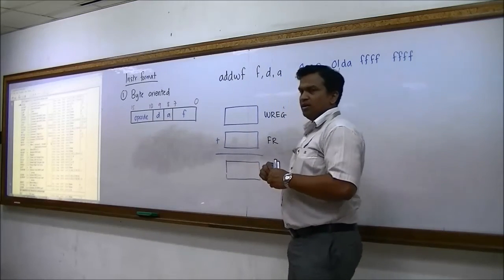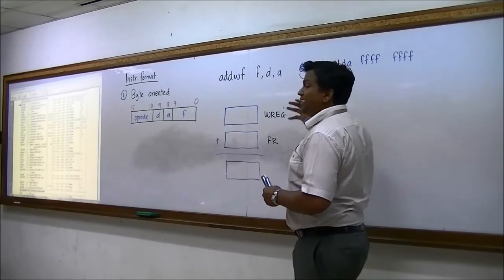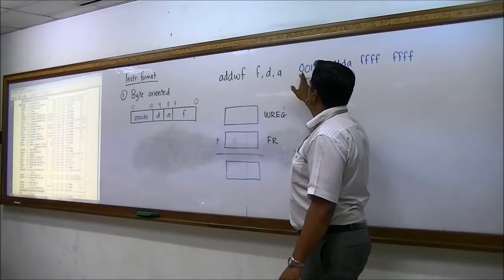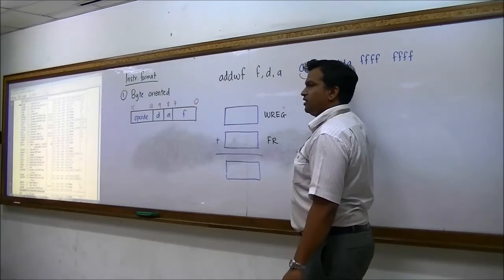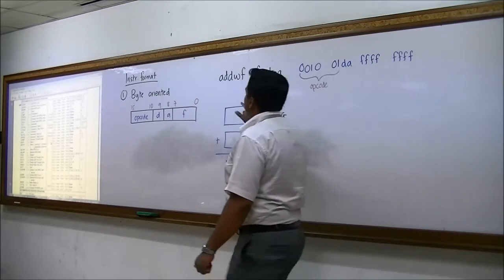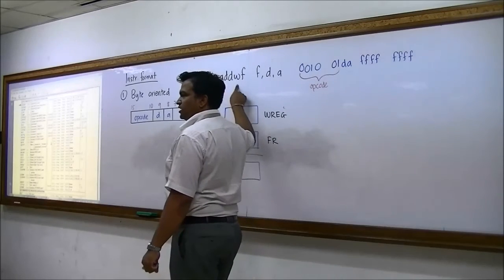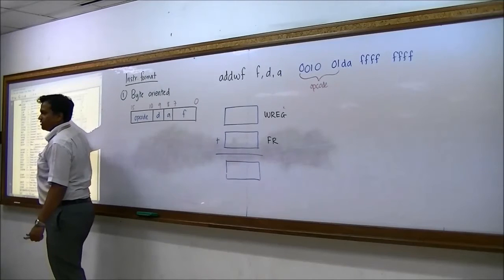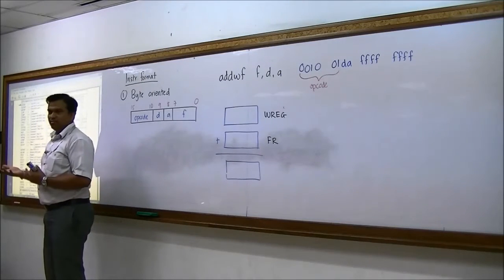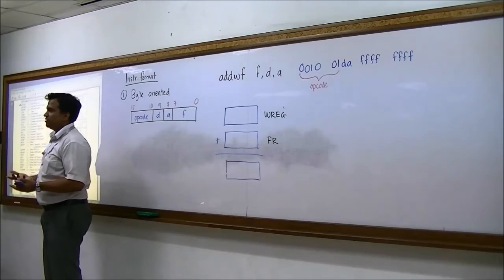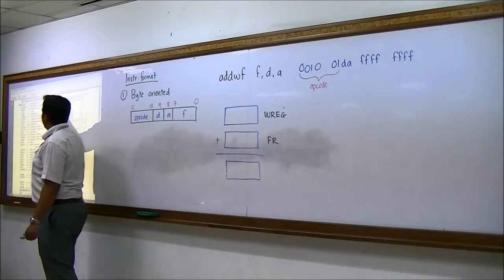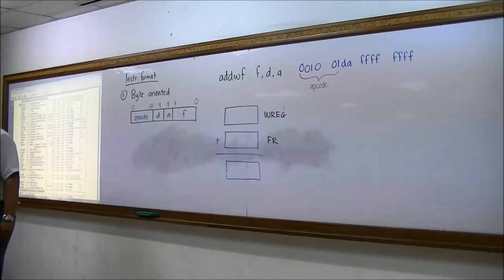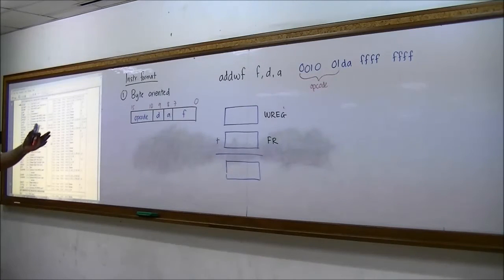What is meant by opcode is that when the CPU sees this code, 001001, it knows that this code refers to adding the working register to the file register. Each opcode here is unique. You cannot have the same opcode, otherwise you'll get confused, right? Every opcode denotes a particular operation. That is the computer's language.